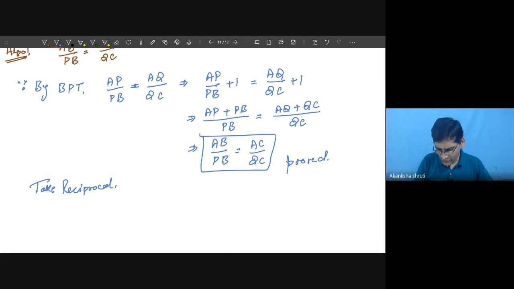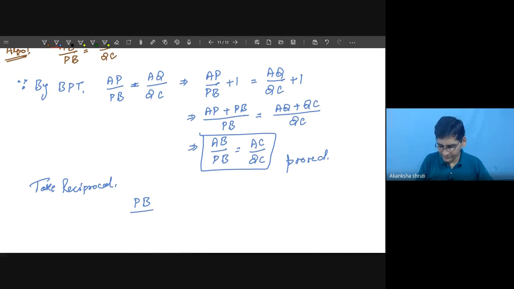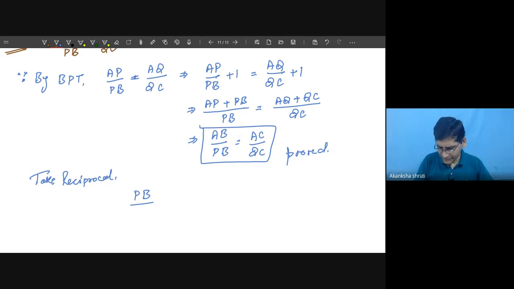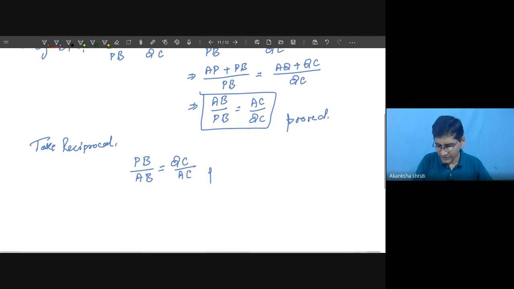Means taking the reciprocal, this PB which was in the denominator can be written in the numerator, and this AB which is in the numerator can be brought in the denominator. The same for the right hand side. So this QC will come in the numerator and AC will come in the denominator. So these are the other ratios that we can prove.